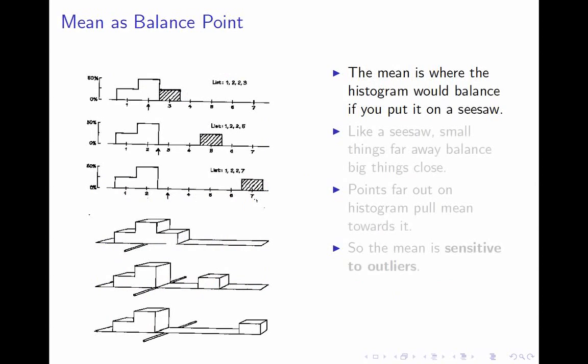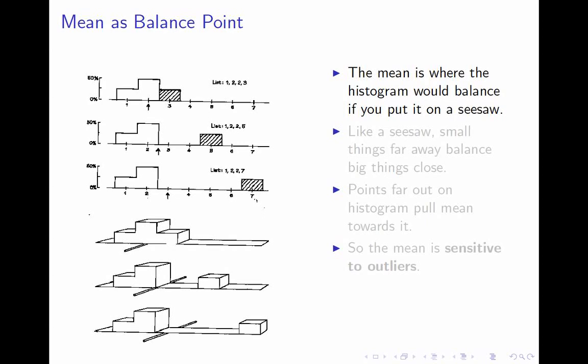To explain the first point, I have this picture, and I have to apologize. These are pictures taken off the web, and they're not the clearest, but if I were drawing them, they'd be even less clear. What I have is a histogram of a very simple data set. On top, you'll see that there's the number 1, the number 2 twice, and the number 3. So it's a data set with n equals 4, and it has that simple unimodal symmetric histogram.